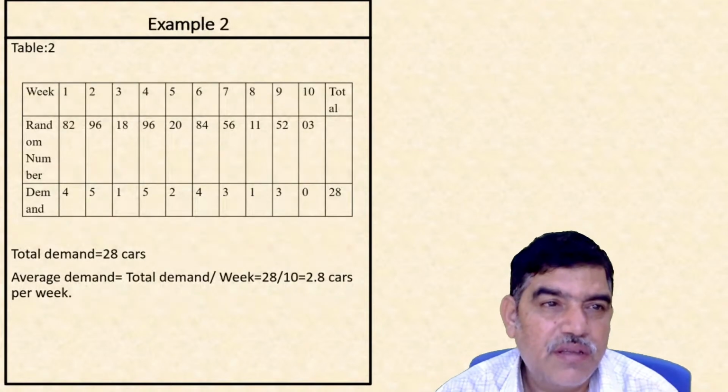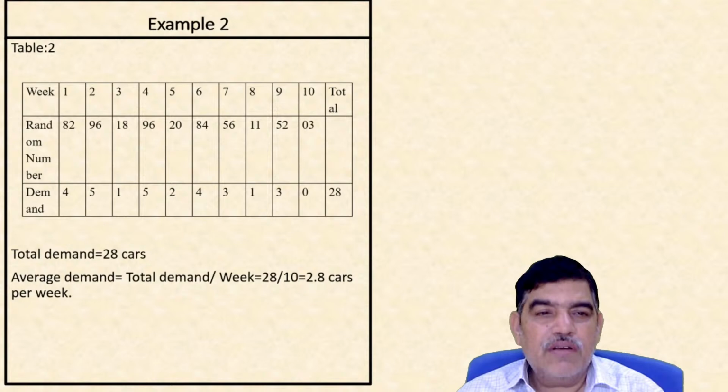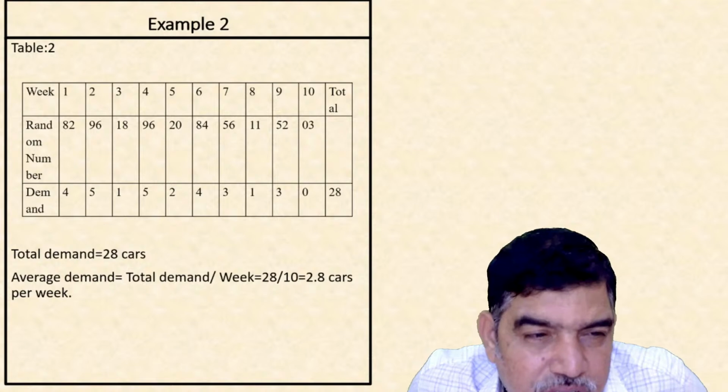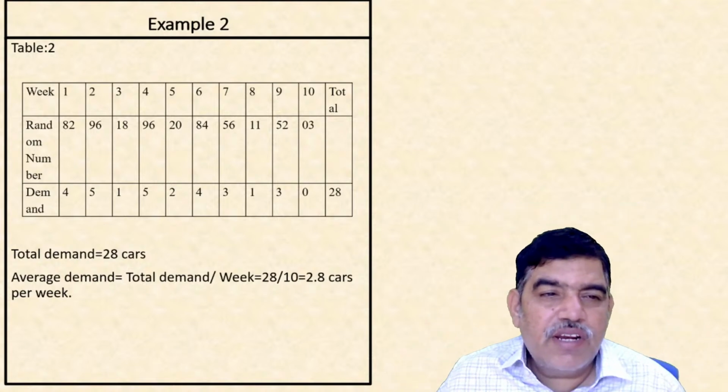Then, in the second table, the random numbers week-wise are mentioned here. The week number is 1 and the random number is 82. The demand, you can calculate for 82.